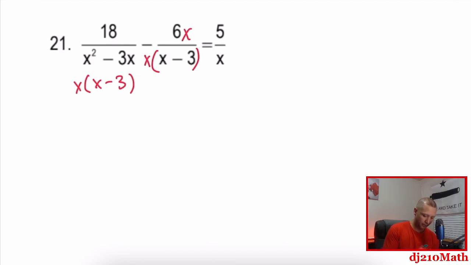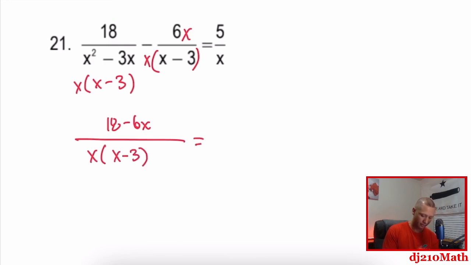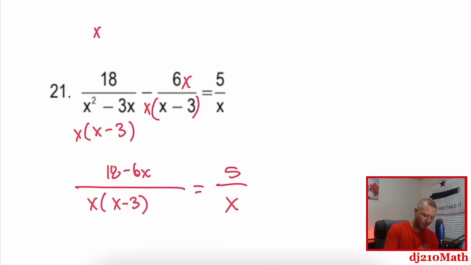So this is going to be 18 minus 6x over x, x minus 3. And this is equal to 5 over x. Okay. Bad numbers. X can't be 0. X can't be 3.